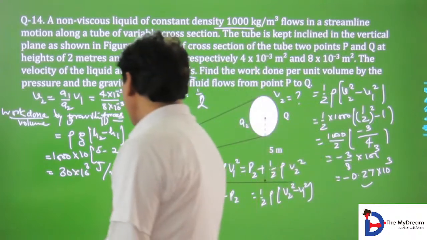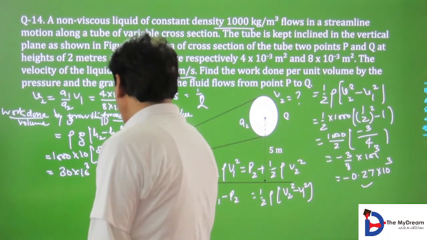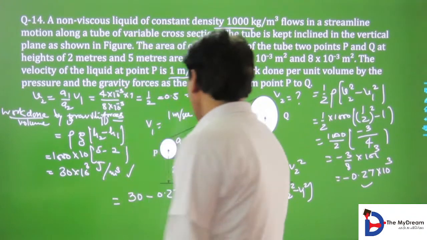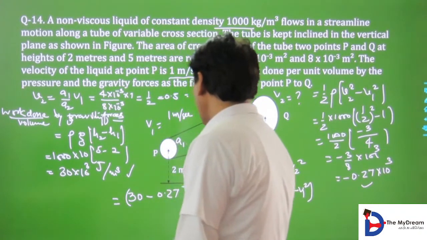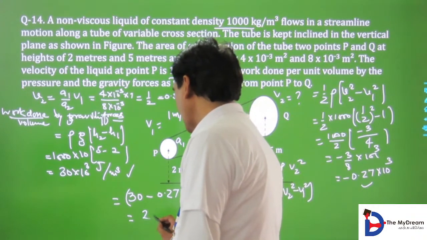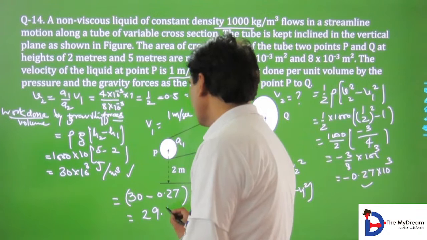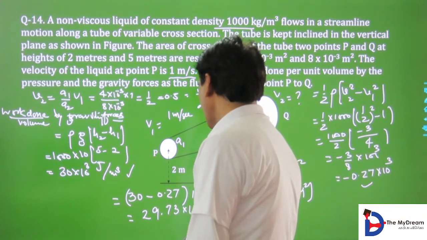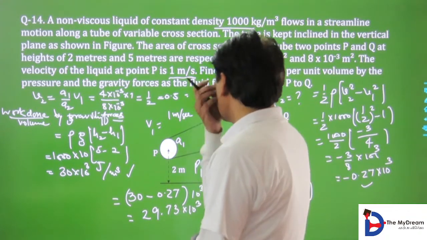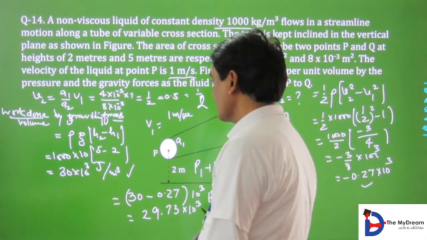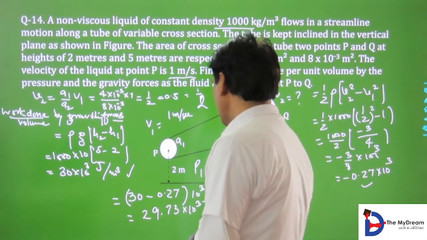So 30 minus 0.37, 10 raised to power 3 common, then you will get 29.63, 10 raised to power 3 joule per meter cube.